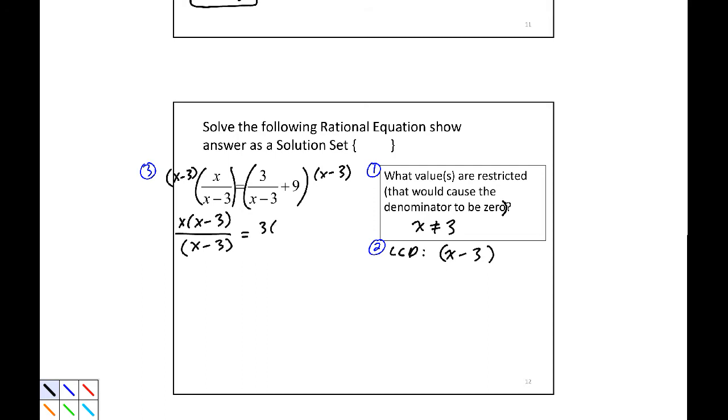This would be 3 times (x minus 3) over (x minus 3) plus 9 times (x minus 3). A few things reduce. This forms a 1. This forms a 1 as well, so this will be x equals 3 plus 9 times (x minus 3). Distributing the 9, I have 9x minus 27.